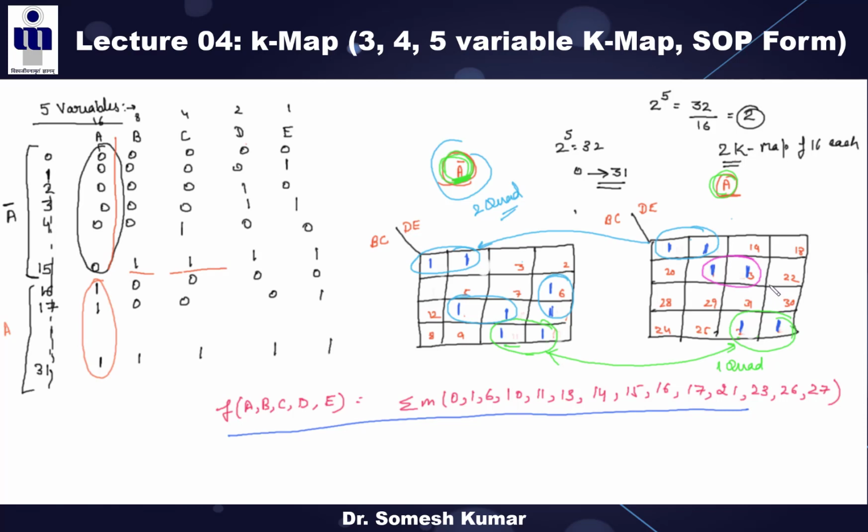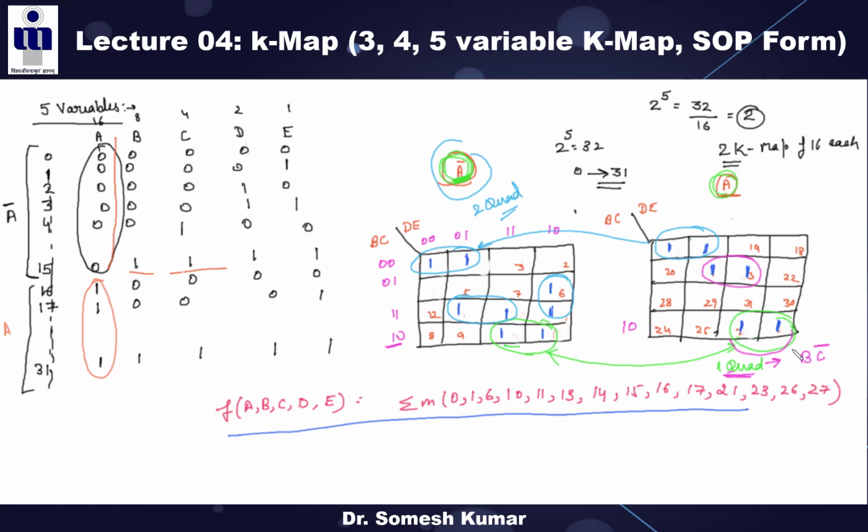Right? Clear? So what is the answer from this first quad? Can you please tell me? Which one is the common term? See, in this, the common terms are B, C bar. Right?